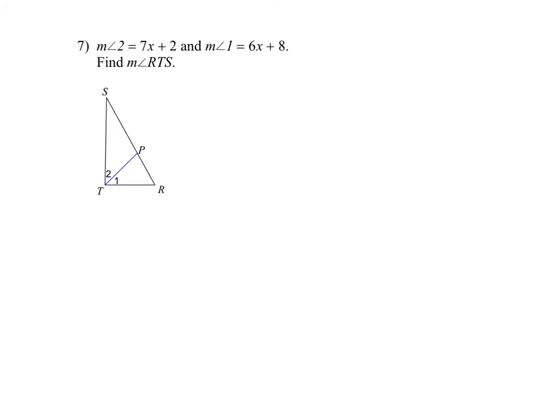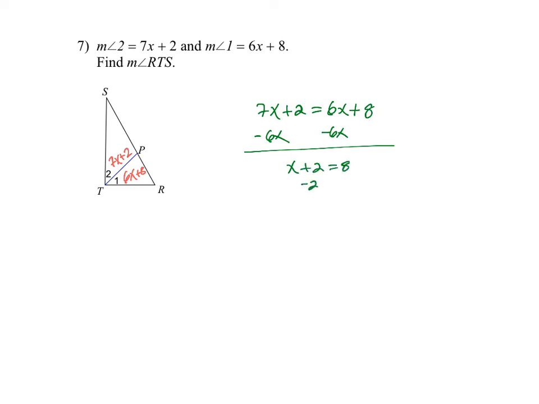Next one. Angle 2 is 7x plus 2 and angle 1 is 6x plus 8. So 7x plus 2 equals 6x plus 8. Minus 6x, x plus 2 equals 8. Minus 2, x equals 6. I'm finding angle RTS.